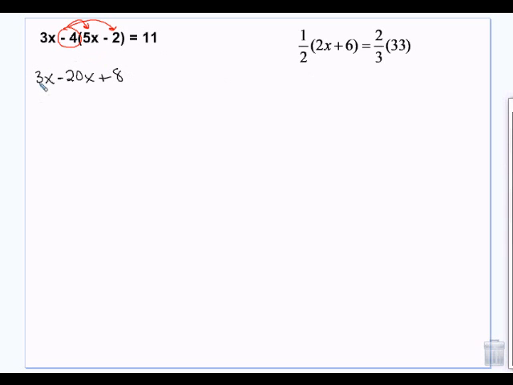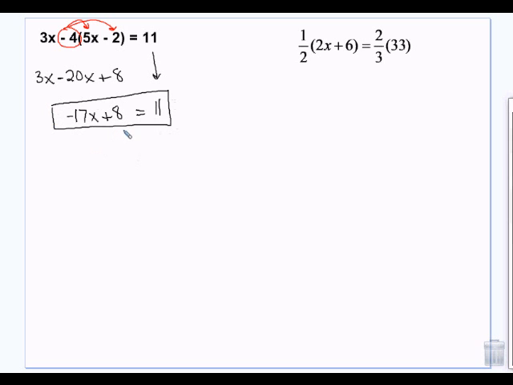Let's just work on one side at a time. Then I have 3x minus 20x, so that's negative 17x plus 8, and I'm done. I can't do anything else, right? Guys see that? So I'm just going to bring down this 11 because I can't do anything to the 11. It's just there hanging out. And so we're done for now.